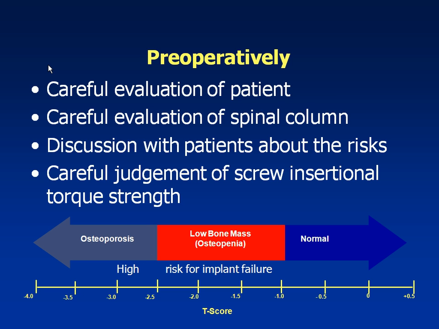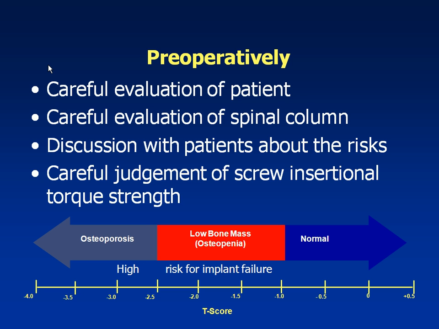The risk for implant failure starts with osteopenic patients, described as patients who have a bone mineral density between -1 and -2.5 standard deviations. After -2.5 standard deviations, as you know, the risk gets higher and higher.